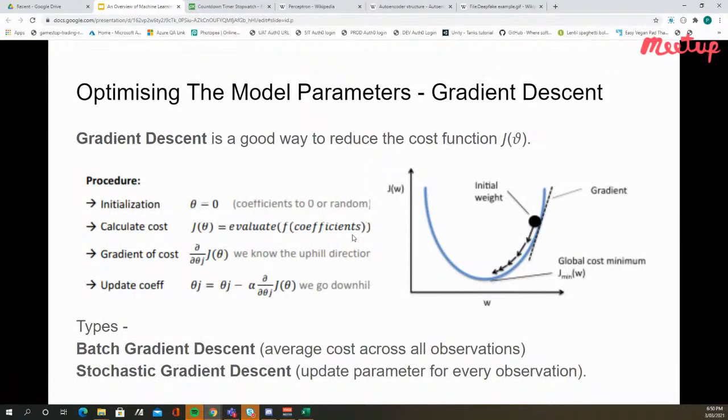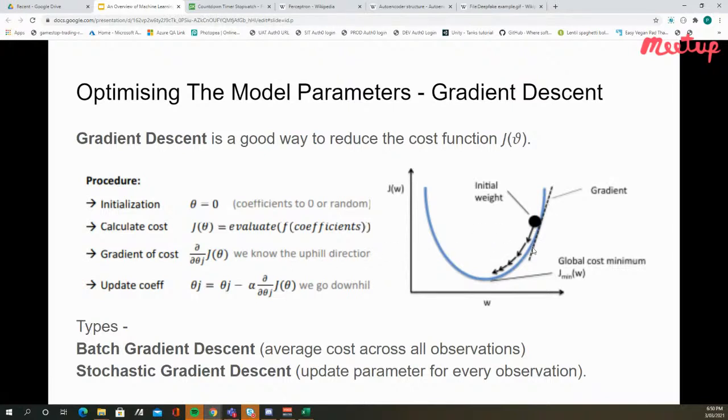And how do you reduce the cost function? Well, one very popular way of doing it, and pretty much the standard way of doing it for neural networks, is called gradient descent. So you start off with your coefficients or your weights, and you set them to random values, or you set them to 0, and then you calculate the cost, and then you work out the gradient.